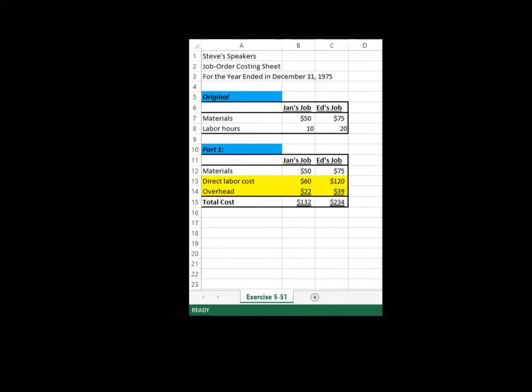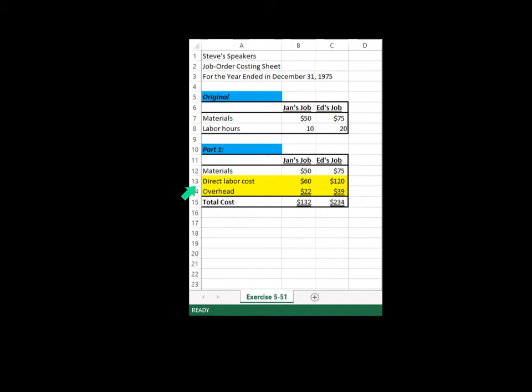Originally, for this problem, I did the who, the what, and the when, as I mentioned earlier. However, the original problem shows materials and labor hours. When calculating a total cost, you must omit the labor hours because it's not in money and it's a bit confusing to put the labor hours there because you're not adding them to get the total cost.